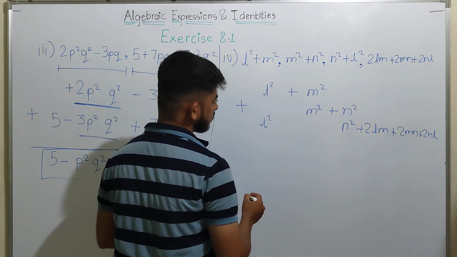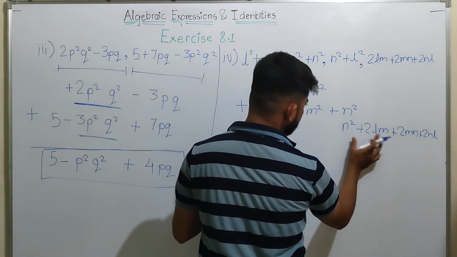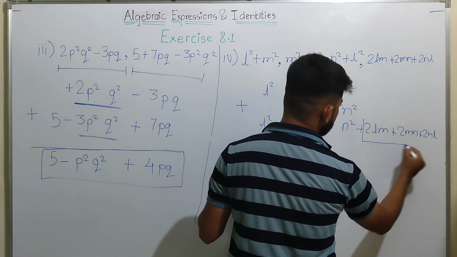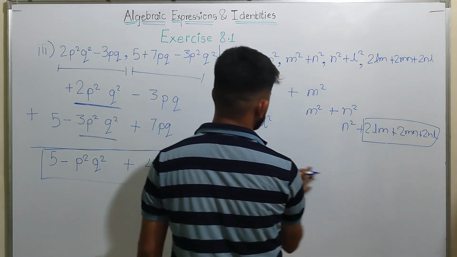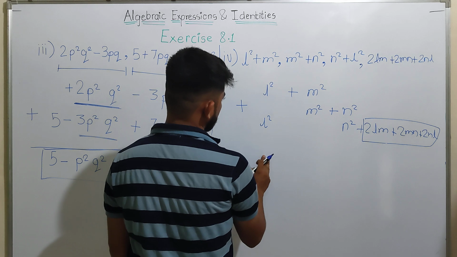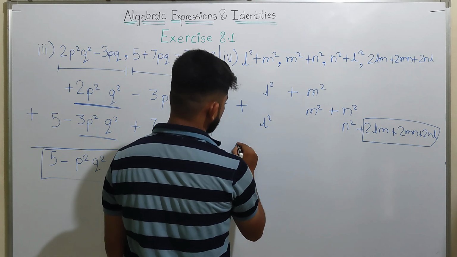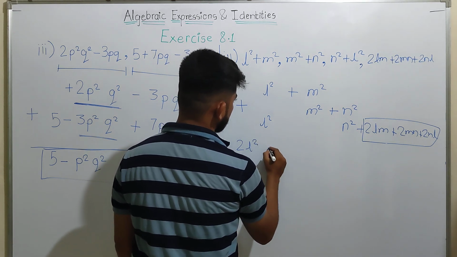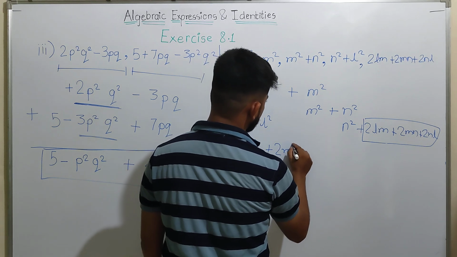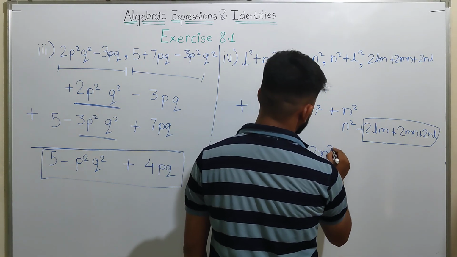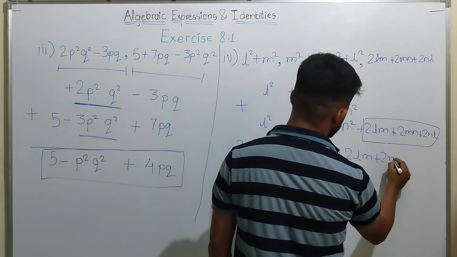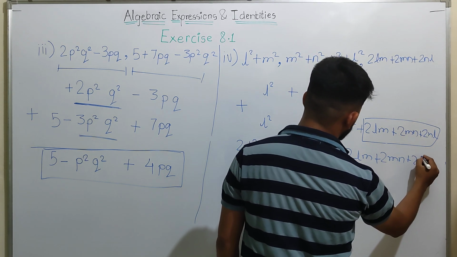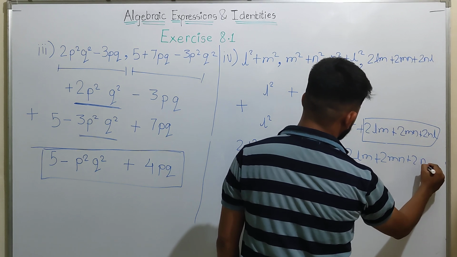So if you add this over here, directly you can write 2l square plus 2m square plus 2n square plus 2lm plus 2mn plus 2nl.